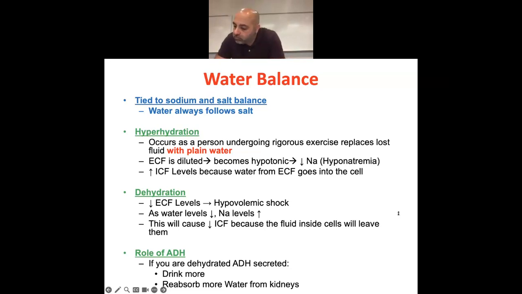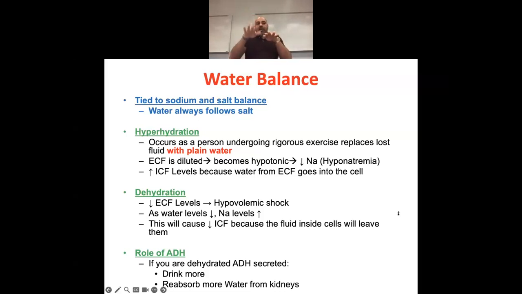So, we left off, we were talking about water balance. Oh, excuse me. You've got to remember that the water to solute ratio is more important than trying to think of it as, what if we just raise water or lower water?